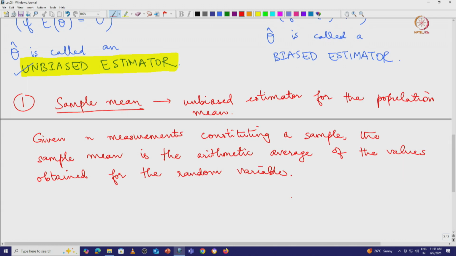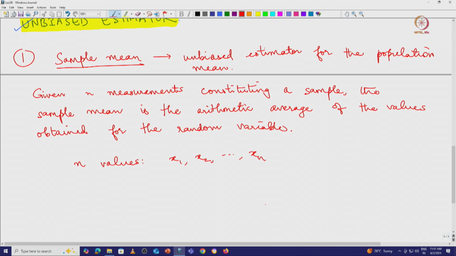So, if the n values are denoted as x1, x2 up to xn, then your sample mean is given as 1 over n sum i going from 1 to n xi.